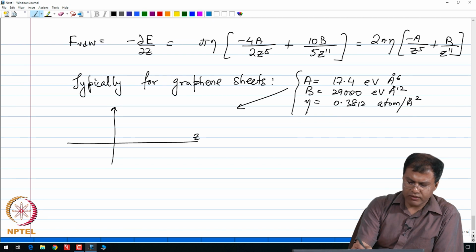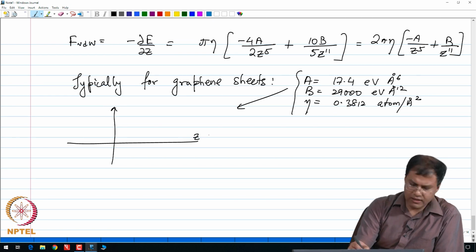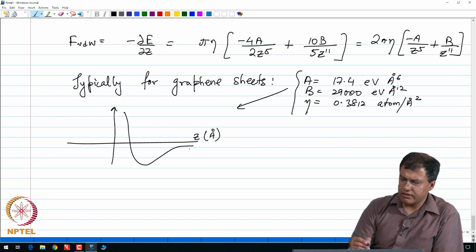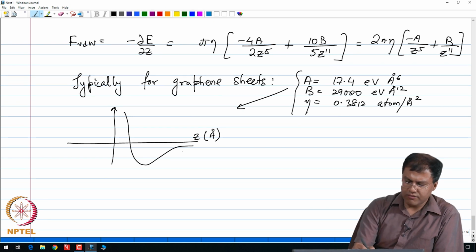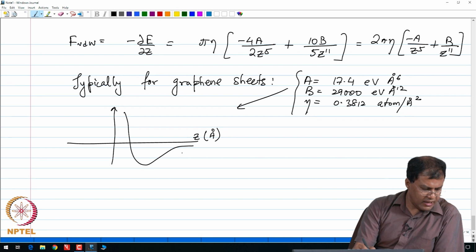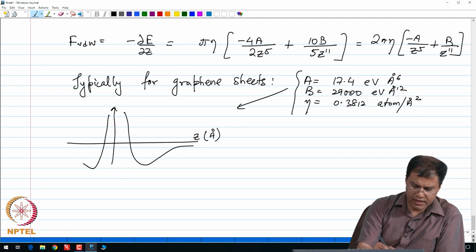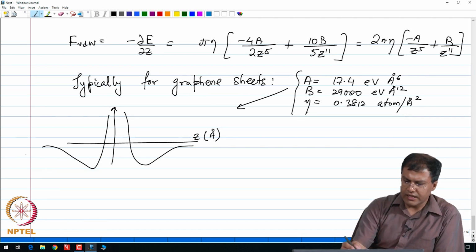My x coordinate is the axial component z, where z is in angstrom, and typically I see that my interaction energy will be the following if z is positive, and if z is negative, the interaction energy will have the following form. So, the interaction energy is an even function of z, right.